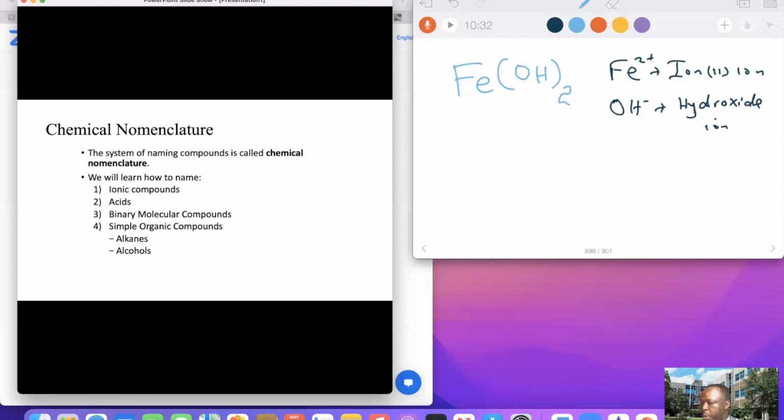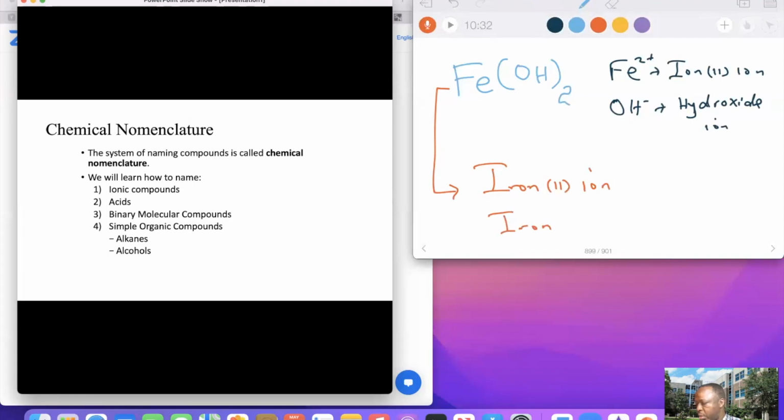So a proper way of naming this is iron(II), look at the parentheses. I've seen students just saying iron hydroxide, and they don't know what is wrong with it.